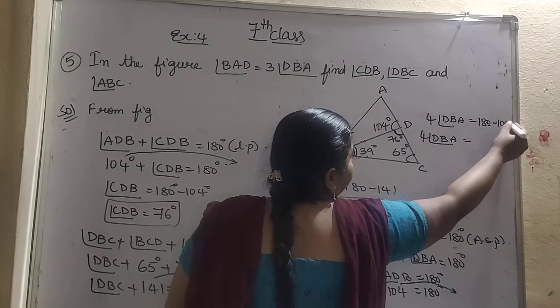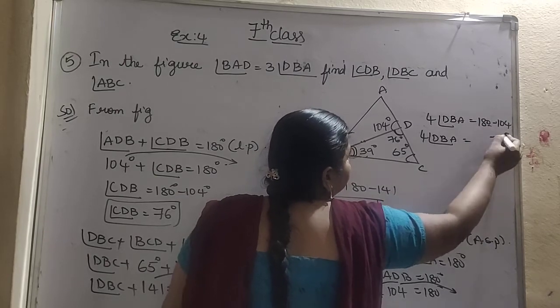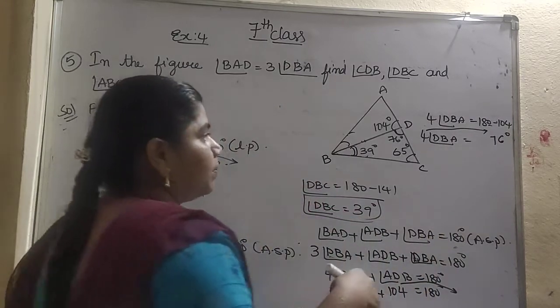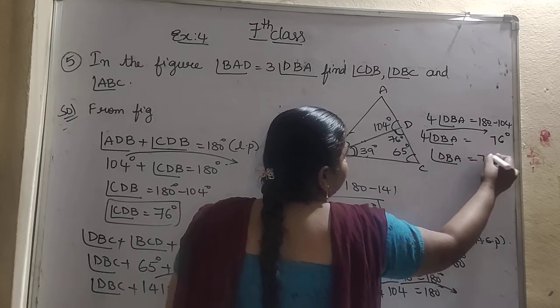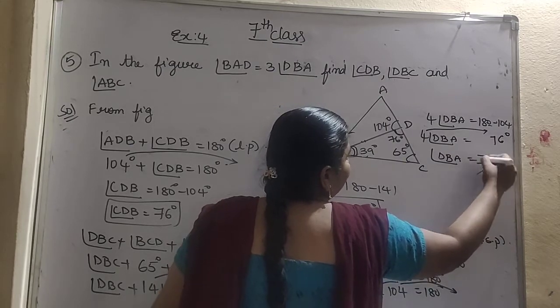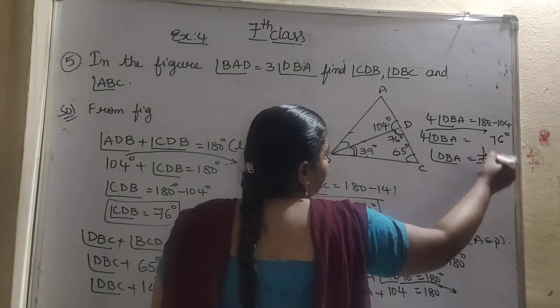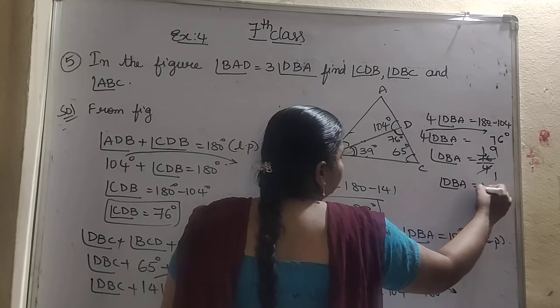So 4 angle DBA is equal to 76. If I transpose this 4 to the other side, it becomes division. So angle DBA is equal to 76 by 4, which is 19 degrees.